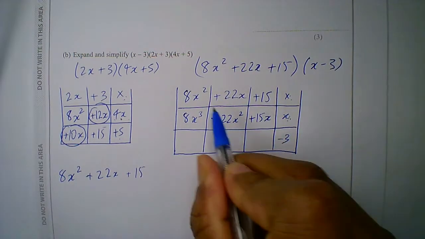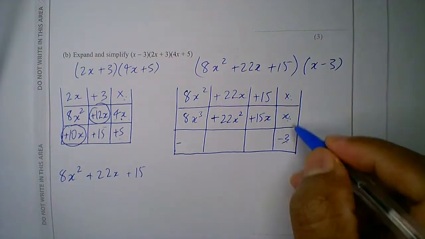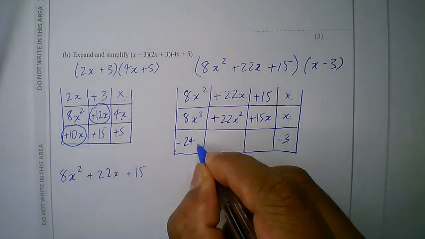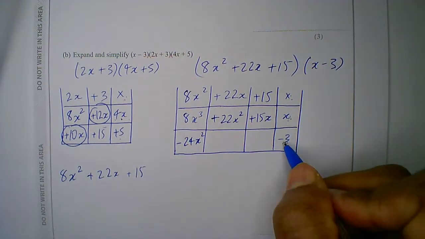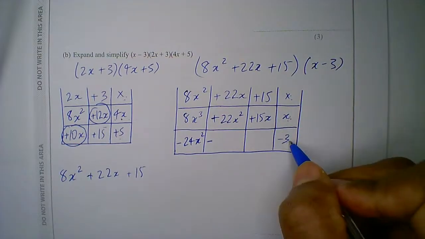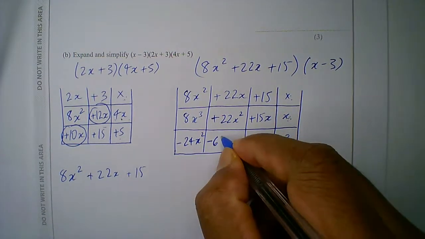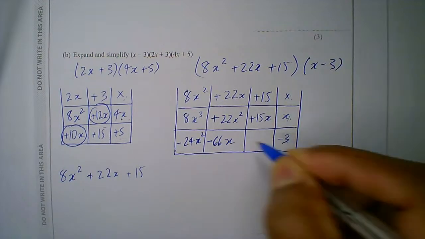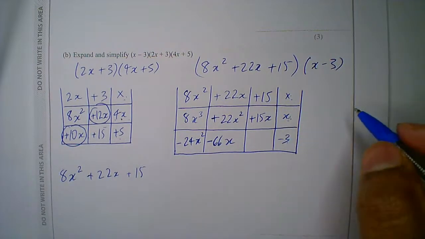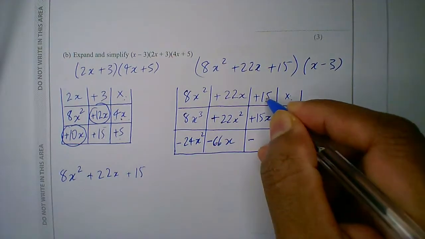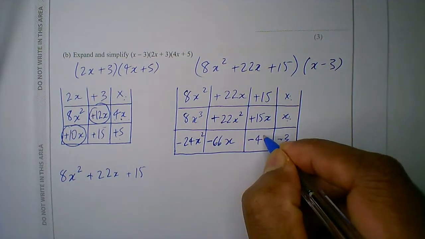Now we've got a negative and a positive, gives me a negative. 3 times 8, 8, 16, 24, and it's x squared. Negative and a positive is a negative. 3 times 22, 2 times 3 is 6, so it's 66x. It is a calculator paper, so you can use your calculator as well. Negative and a positive is a negative. 3 times 15, 15, 30, 45.